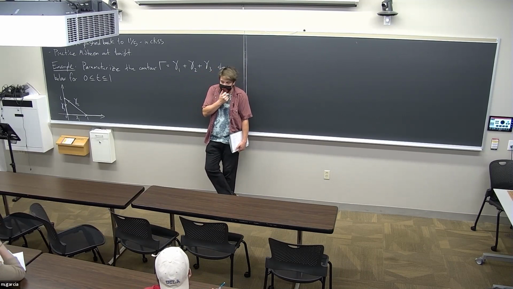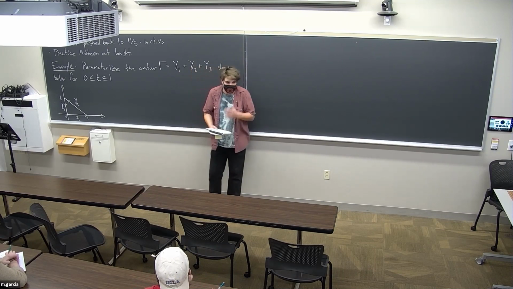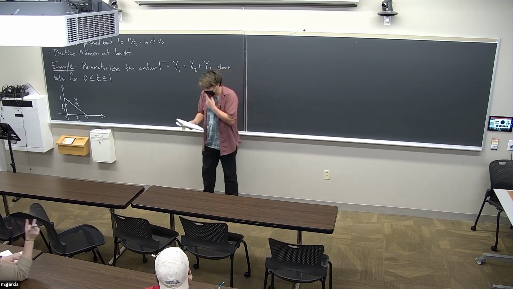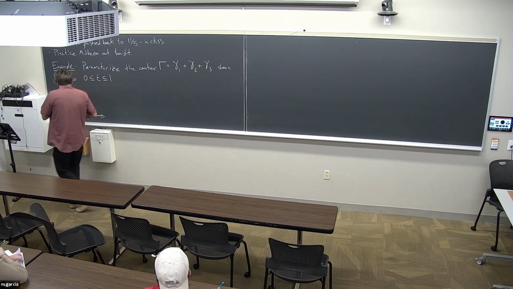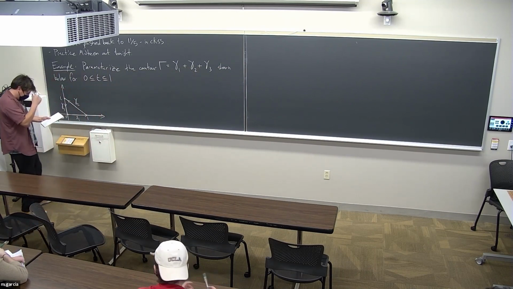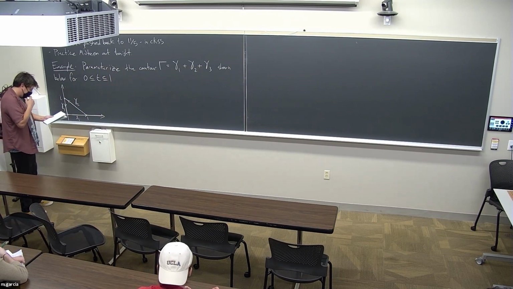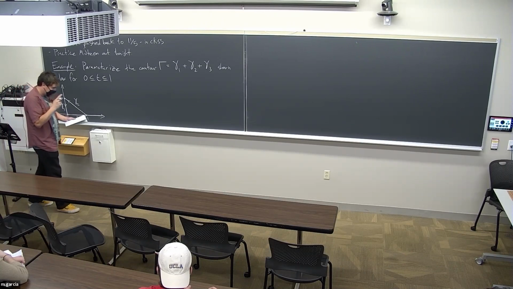Okay, so how do I parameterize a line? Anybody remember this? Yeah, you have a point plus the parameter times the direction vector. That's correct, but let me just write that in a slightly different way.